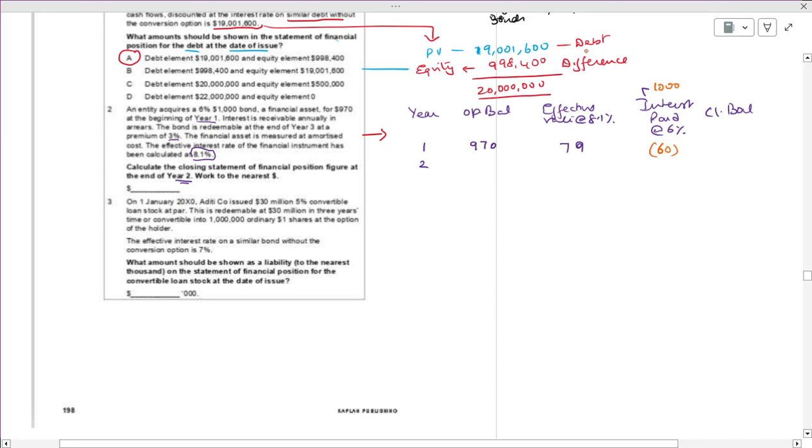It's 60. It's on 1,000, the principal amount. 1,000 into 6%.